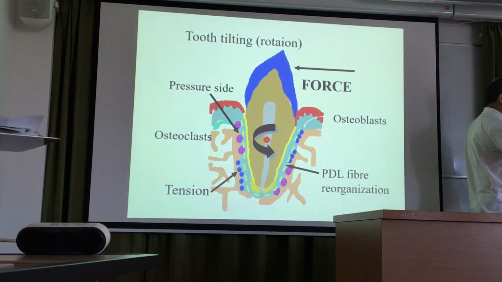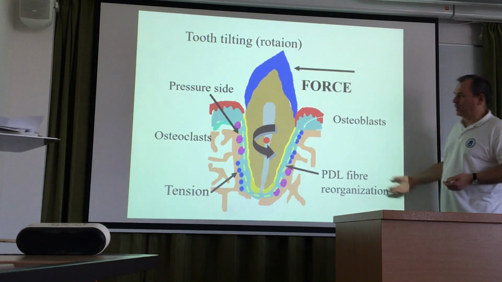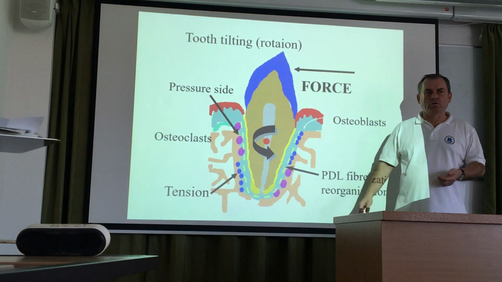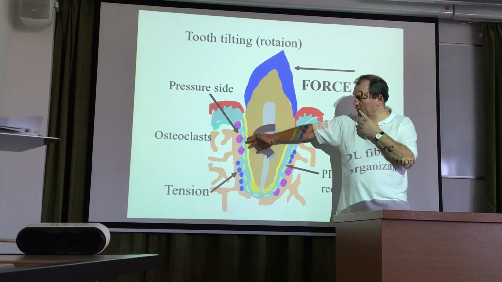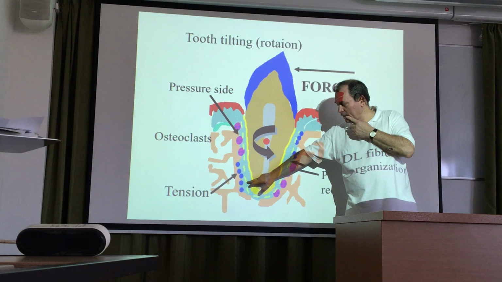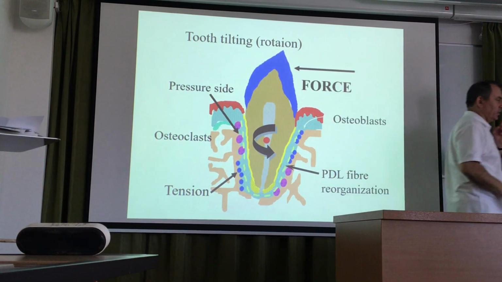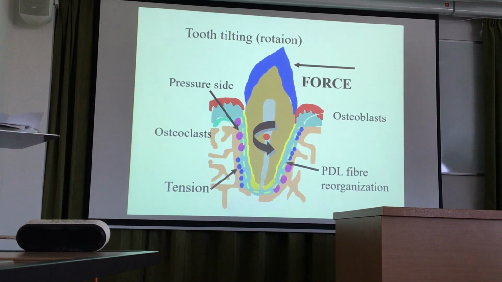Okay, so it is just a simple logical thing, nothing special in it. It is tilting, and one side is pressing against the bone, and one area of the root is moving away. Here there will be the tension, and here the pressure area of the periodontium.